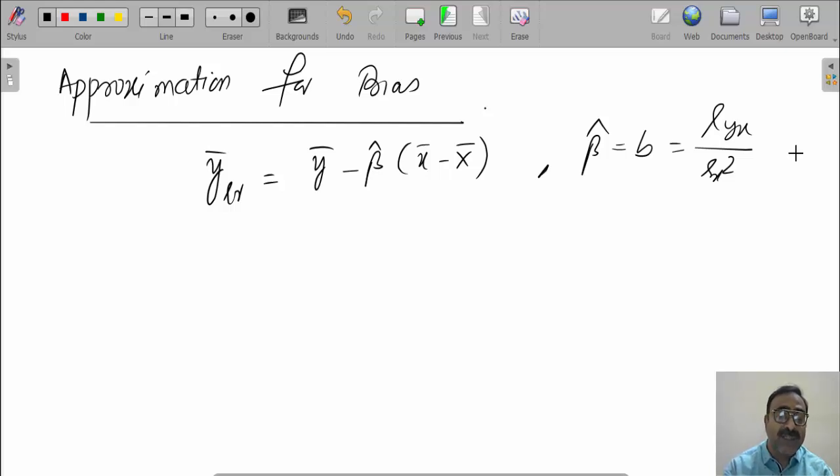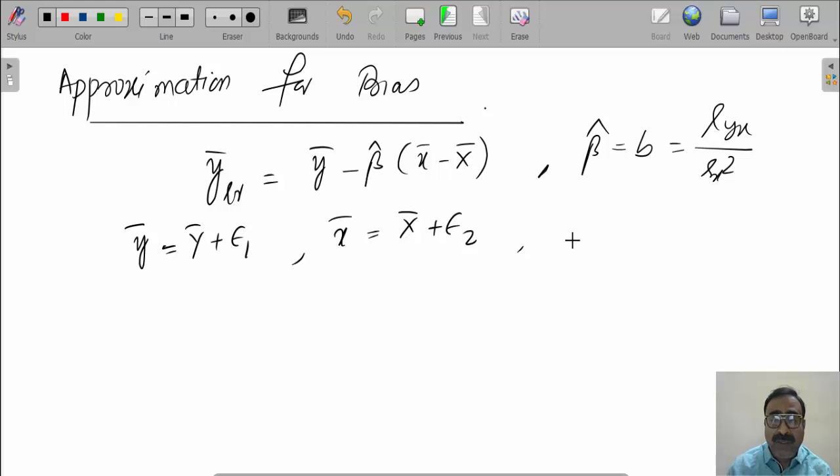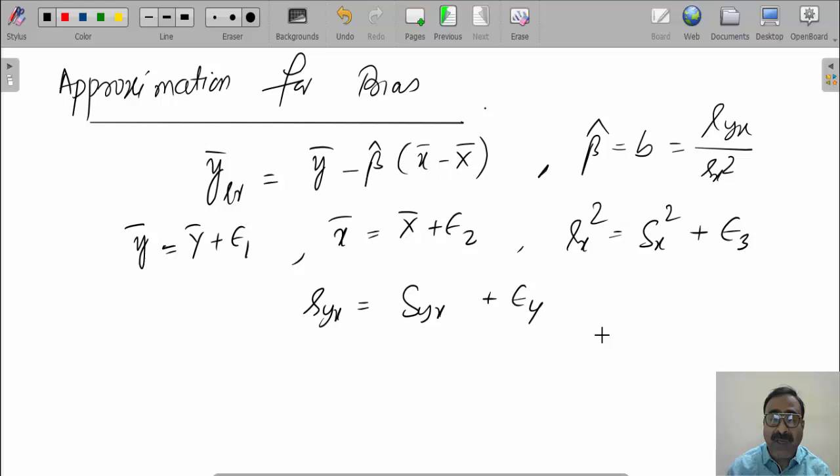As usual, we put ȳ = Ȳ + ε1, x̄ = X̄ + ε2, s_x square = S_x square + ε3, s_yx = S_yx + ε4, where expectation of ε_i equals 0 for i = 1, 2, 3, 4.